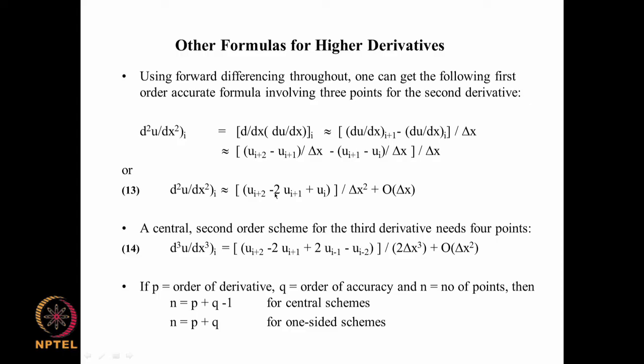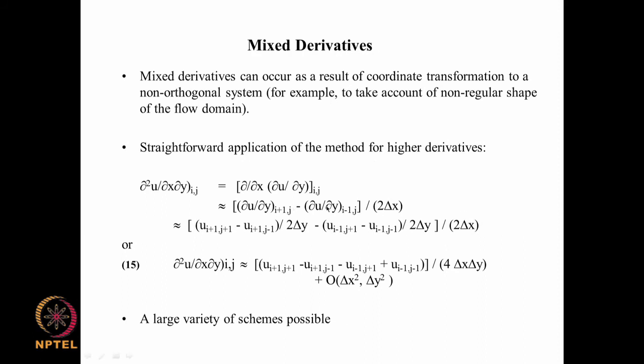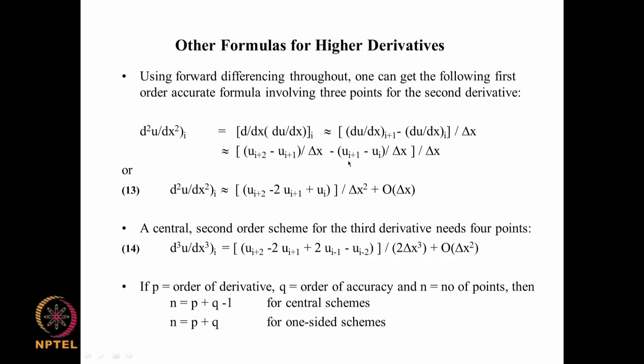And again here you have coefficients minus 2 and plus 1, so they all add up to 0. So, in all these finite difference formulas on these uniform grids, we get something like this.